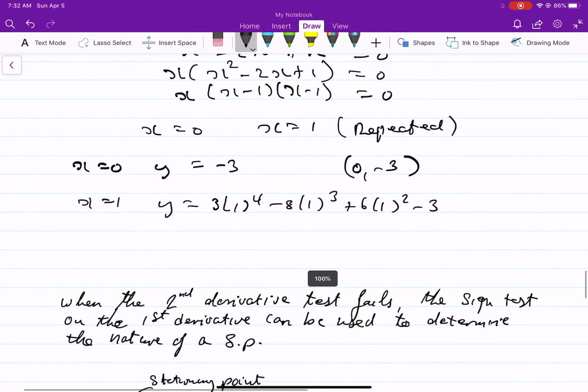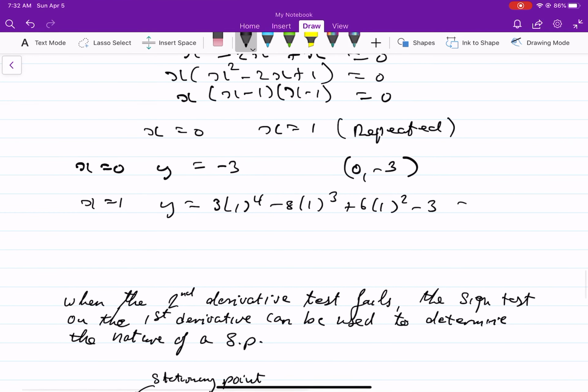That's 3 minus 8, which is minus 5, plus 6, that's 1, minus 3, that's minus 2. So the coordinates there are 1 and minus 2.